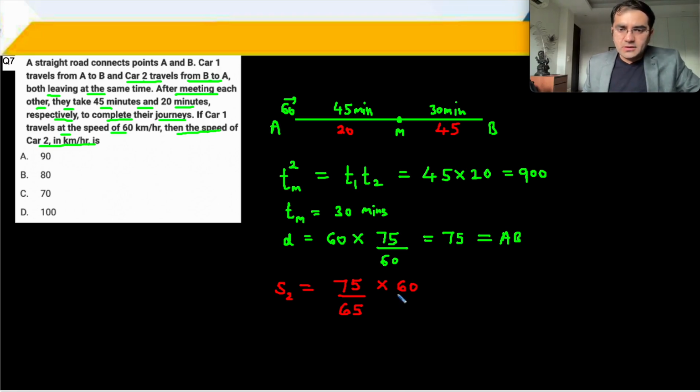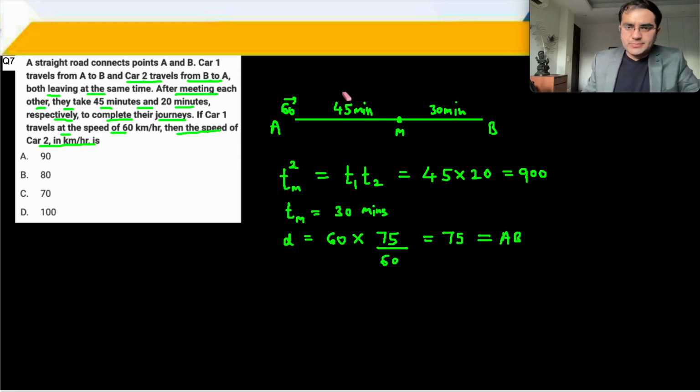Okay, now let us check. Sorry, slight error over here. Slight error at this point for car 1. So the time of meeting is 30 minutes. 30 pehle, then 45 minutes. So for car 2, it is 30 pehle and then 20 minutes. Right?